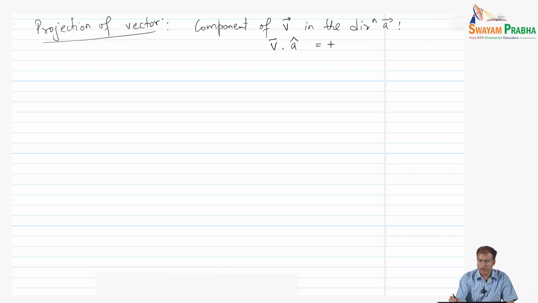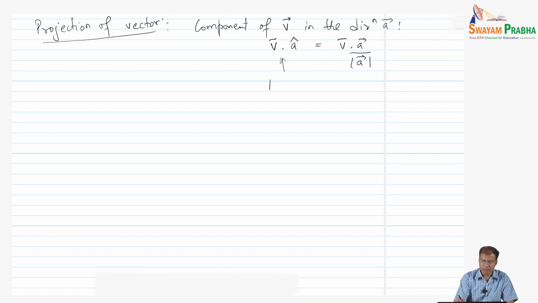This is also equal to v dot a divided by the magnitude of a. We just need the direction of a to make this projection. We don't care about the magnitude, so we have taken the unit vector a. So that is my projection of v along a.